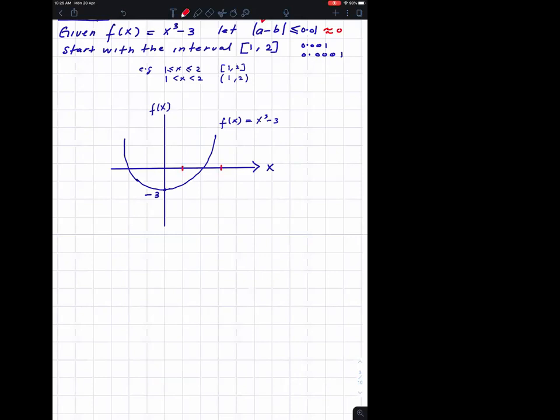Okay, call this 1, and then 2. So it's crossing somewhere here. Trying to find this.